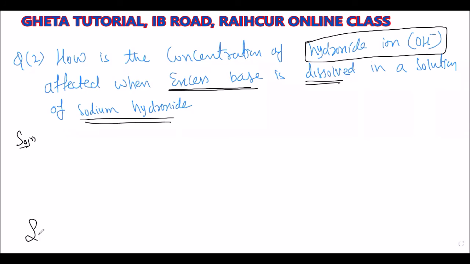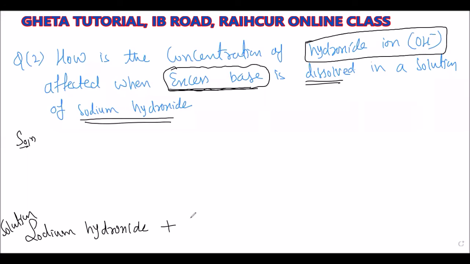So here you have a solution of sodium hydroxide. And what are you adding here? Excess base. Sodium hydroxide is also a base. So what I can write here: solution of base plus excess base.